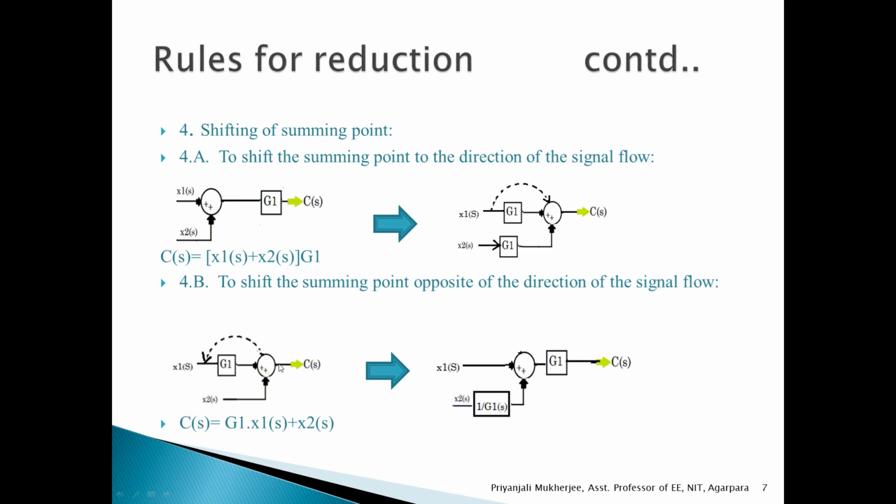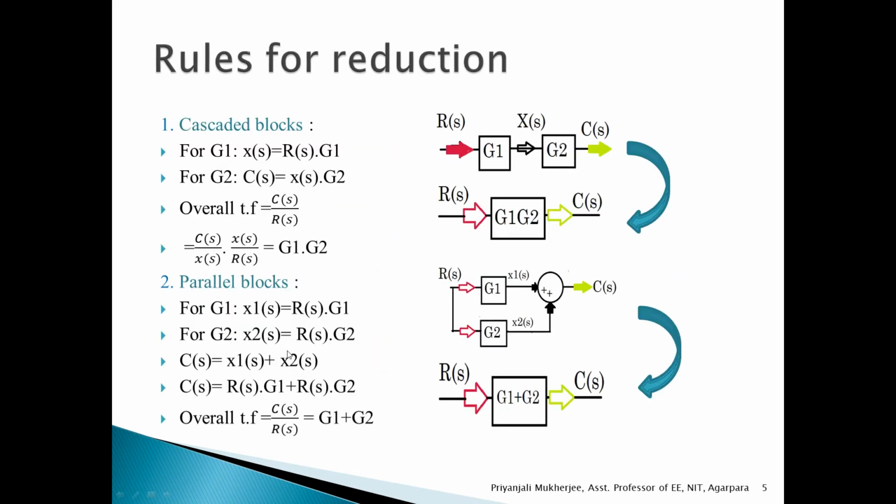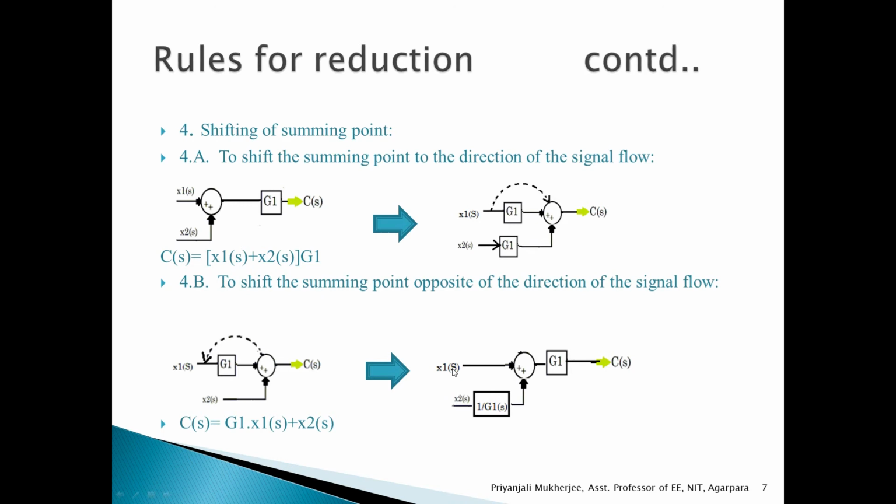So the summing point output C(s) is equal to X2(s) plus G1 into X1(s). Now if the summing point has been shifted to this location, it becomes like this. So to make this output the same, we have to multiply it by 1 by G1(s). That means to shift the summing point to the left of the block, or to the opposite of the signal flow, we have to divide it by the block transfer function G1.